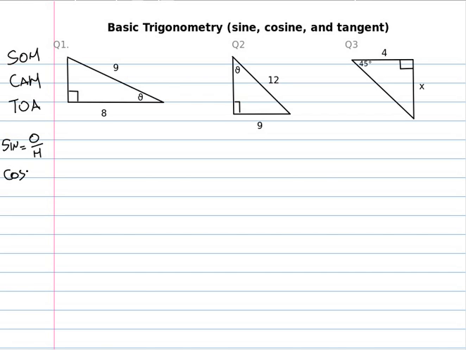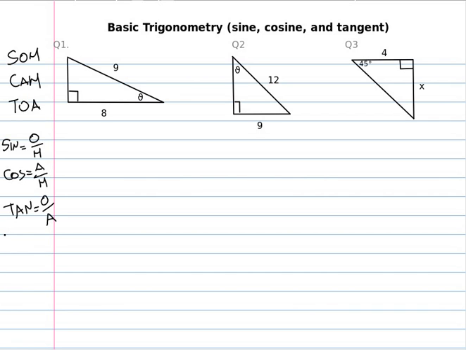Cos equals adjacent over hypotenuse, and tan equals opposite over adjacent. So armed with that knowledge and a trusty calculator, we should be able to solve these three questions here.